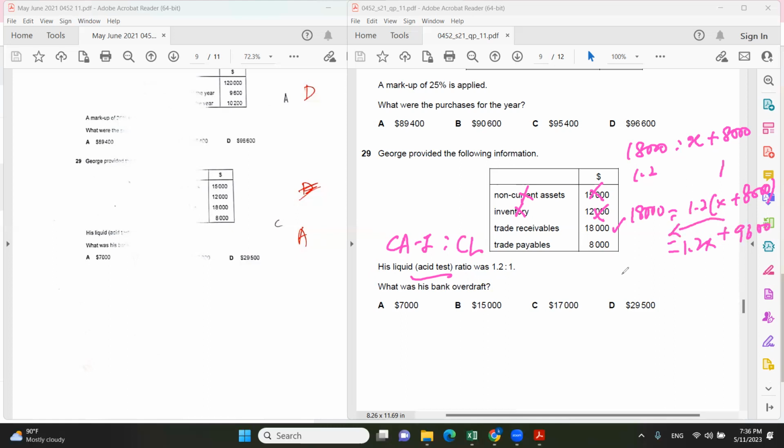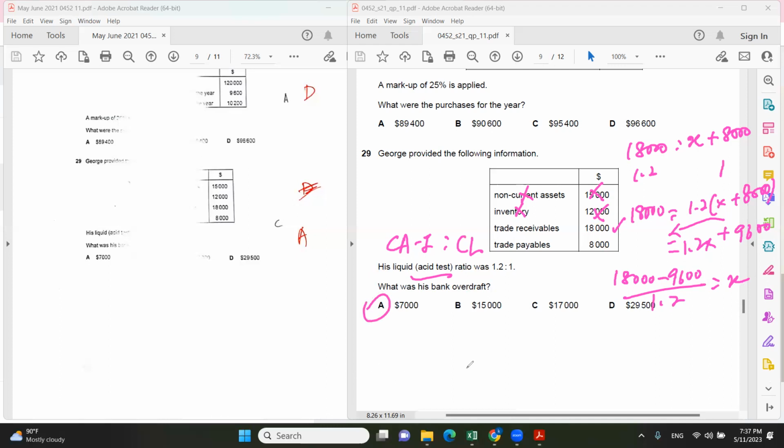So I bring it to here, becomes 18,000 minus 9600 divided by 1.2 equals x. So 18,000 minus 9600 and then divide by 1.2. I get 7,000. So the answer is A.